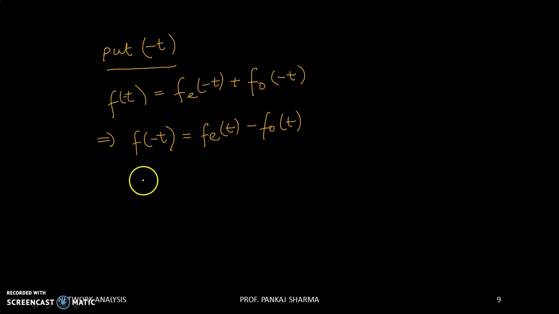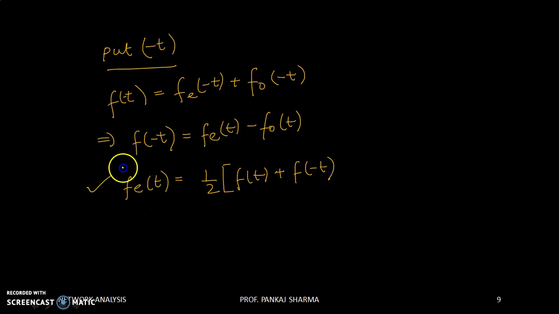So we can write fe(t) is equal to half of f(t) plus f of minus t.